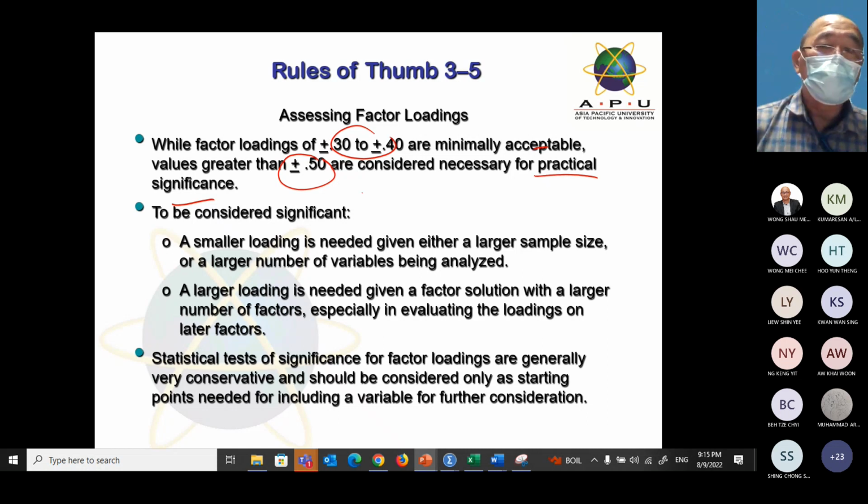A smaller loading is needed given either a larger sample size or more variables. So when you have a larger sample size and also a larger number of variables, you need only a smaller loading.